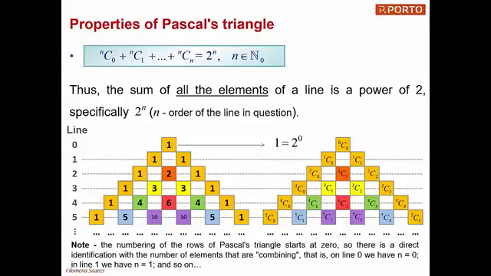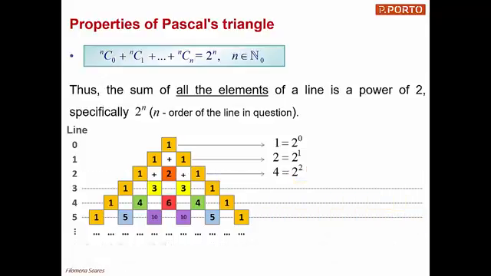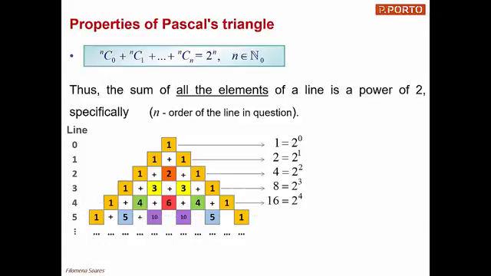So, if you look at the interpretation of this property, in line 0, 2 to the power of 0 equals 1, and in line 1 we have 2 to the power of 1 equals 2. The sum of the elements in the second line is 4, and 4 is 2 to the power of 2, and so on in every line until, generally speaking, the sum of all the elements is 2 to the power of n.